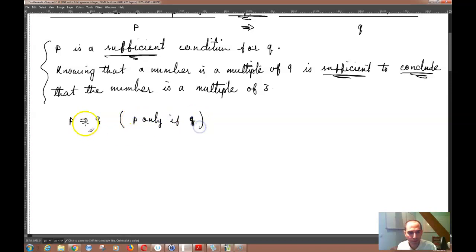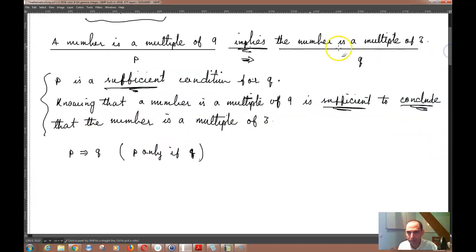You can read this as P only if Q. For example, in the context of this example here, you can say that a number is a multiple of 9 only if the number is a multiple of 3. So that makes sense, and there is no specific meaning or anything like that.